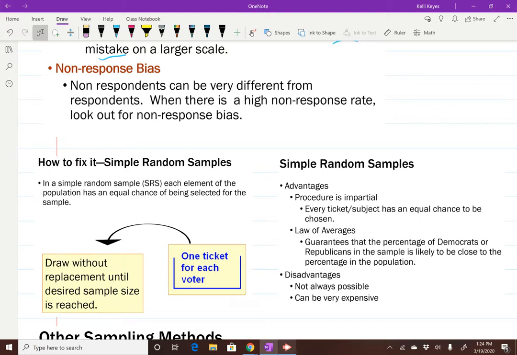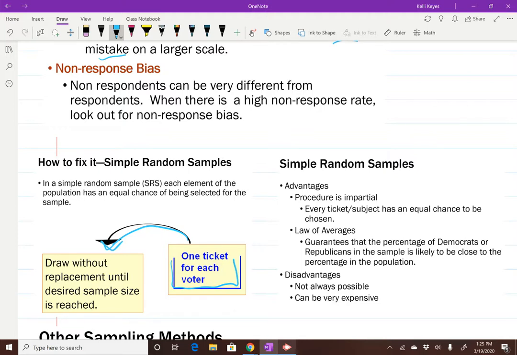And what that means is basically, if they did this back then, every voter would be equally represented. So it doesn't matter if they owned a vehicle or if they were on any membership list, they would be represented. And then you draw from there without replacement until you get the sample size you want.